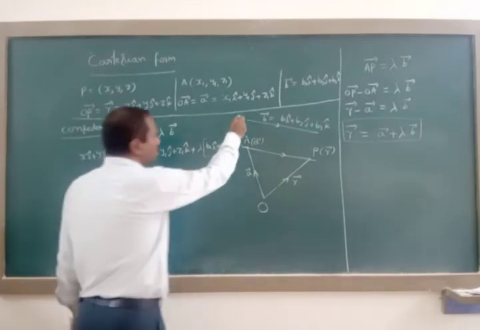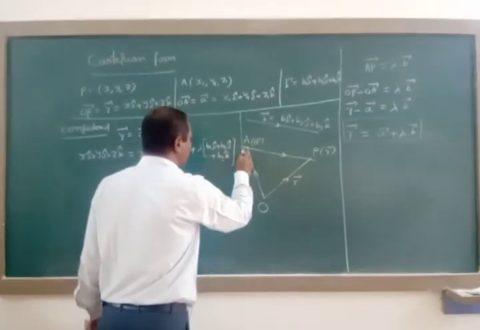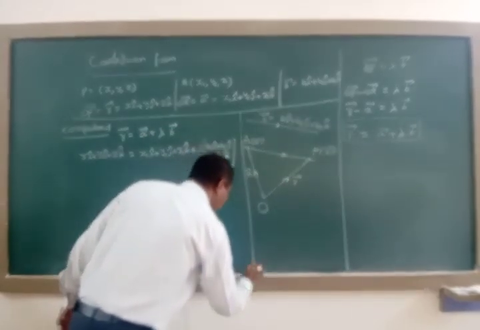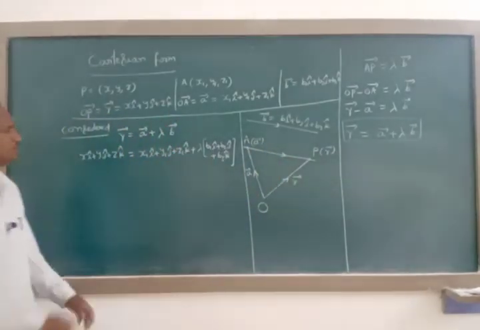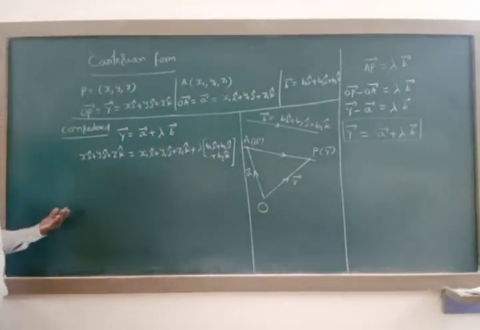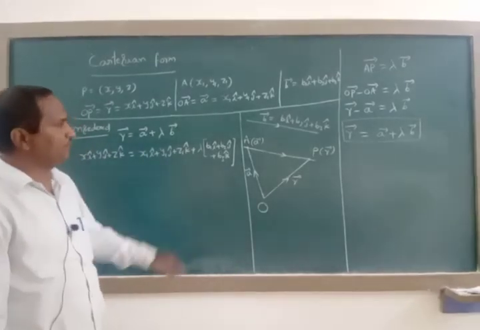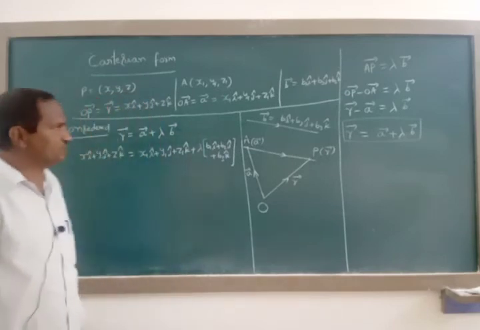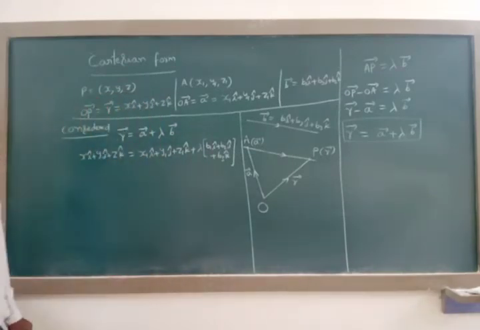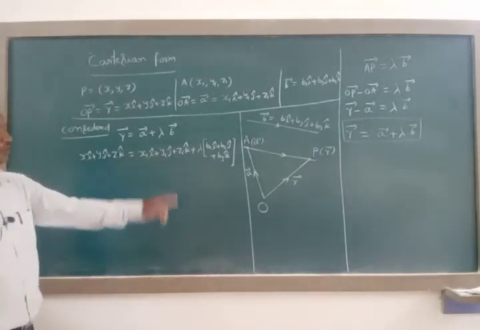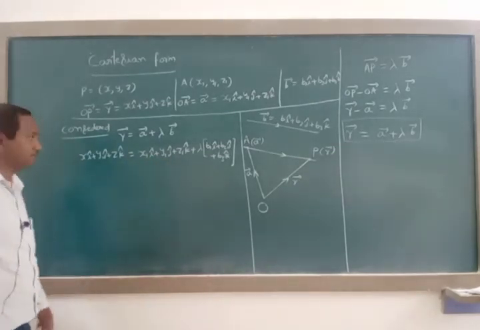This part is the diagrammatical part, and on this side I am going to write the Cartesian form of the equation of a straight line of the first theorem, where the line is passing through a point and parallel to one vector.